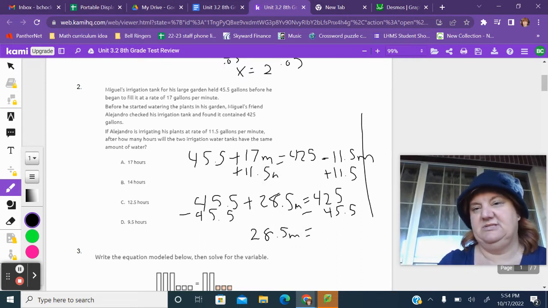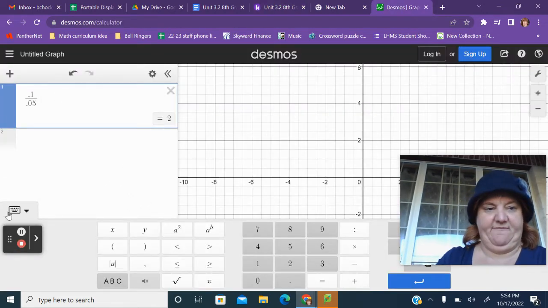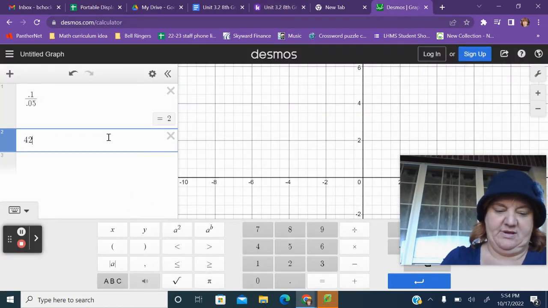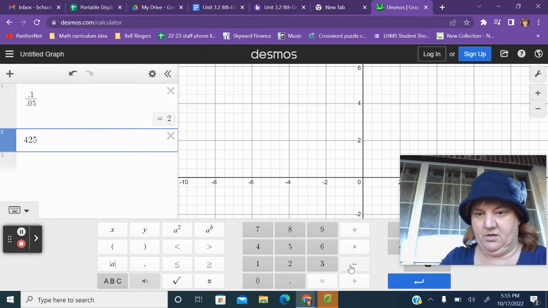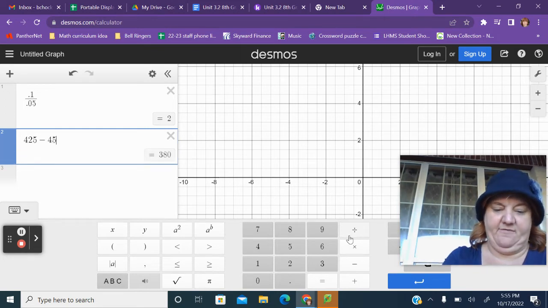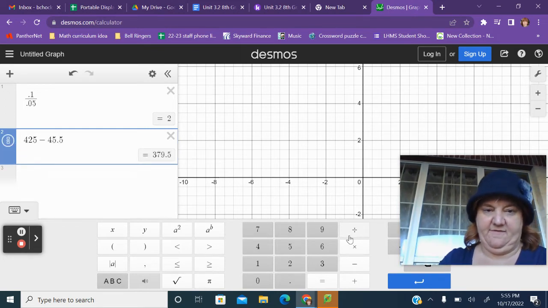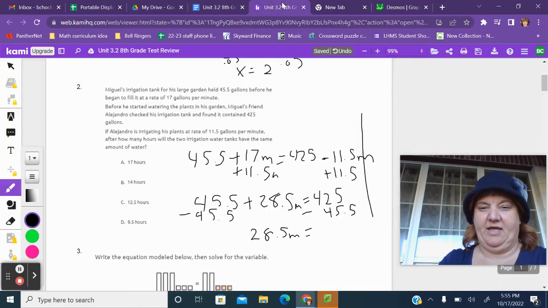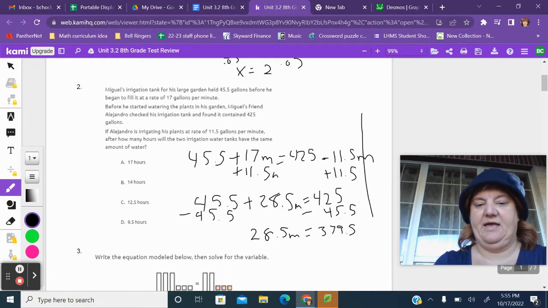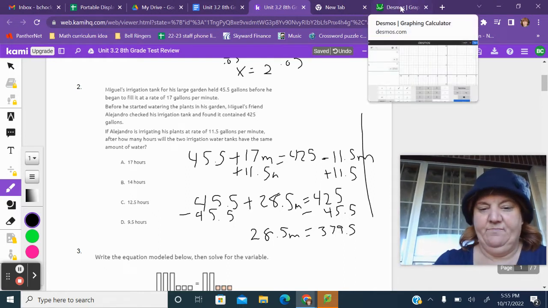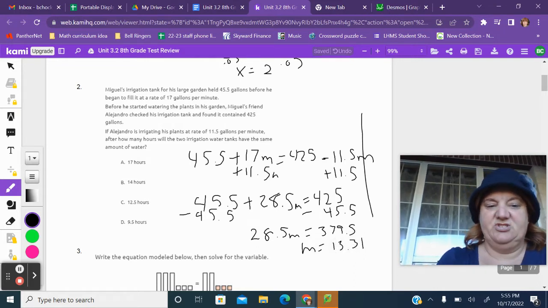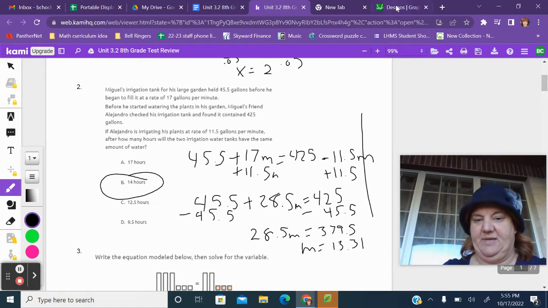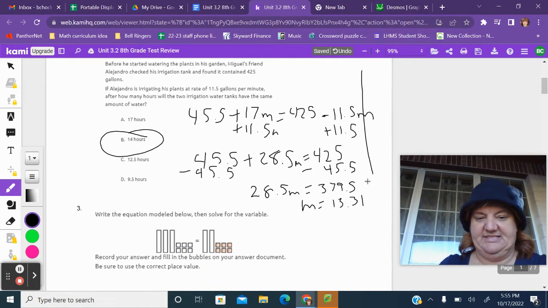M equals 425 minus 45.5, 379.5. 379.5 divided by 28.5. It ends up M equals 13.31. That answer is not over here, but this is what the answer ends up being. But this was a good setup for you to see.